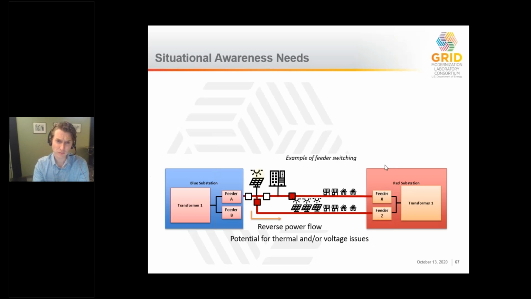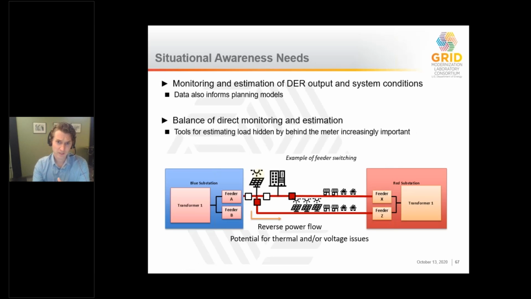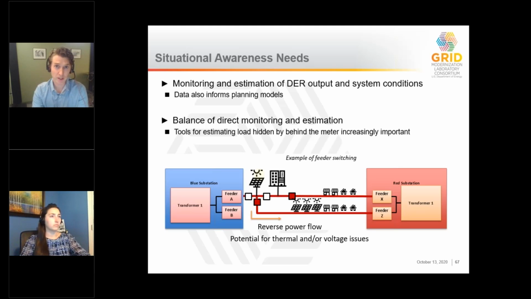Next slide, please. And what ADMS can facilitate is the direct monitoring of meter devices, or the DER itself, but it can also perform estimation for DER that's not monitored.